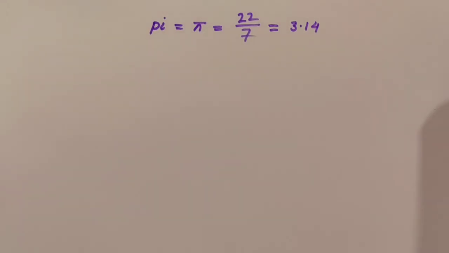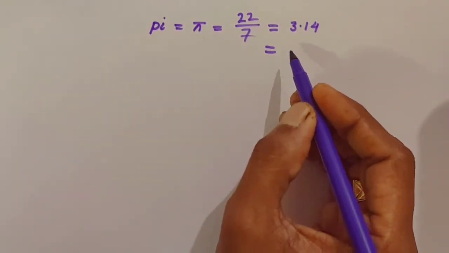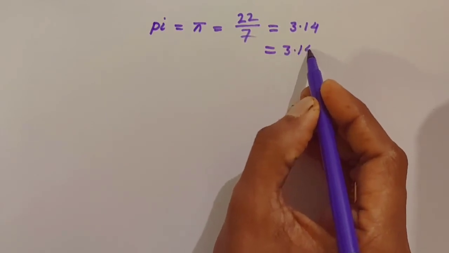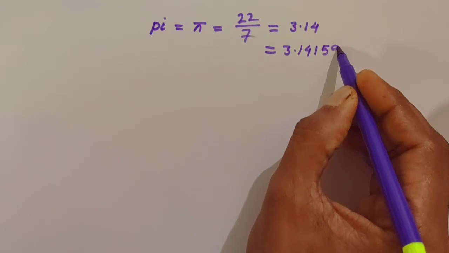isn't it? So if it is 3.14, did you verify the value? If you verified, you can see the actual value is not 3.14. To verify that, you divide 22/7. If you have divided, you can see the value will be something like 3.14159.